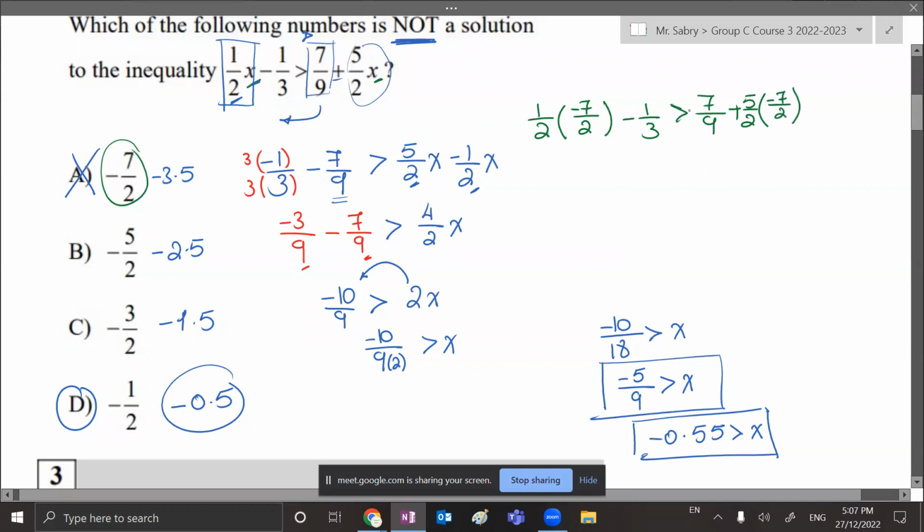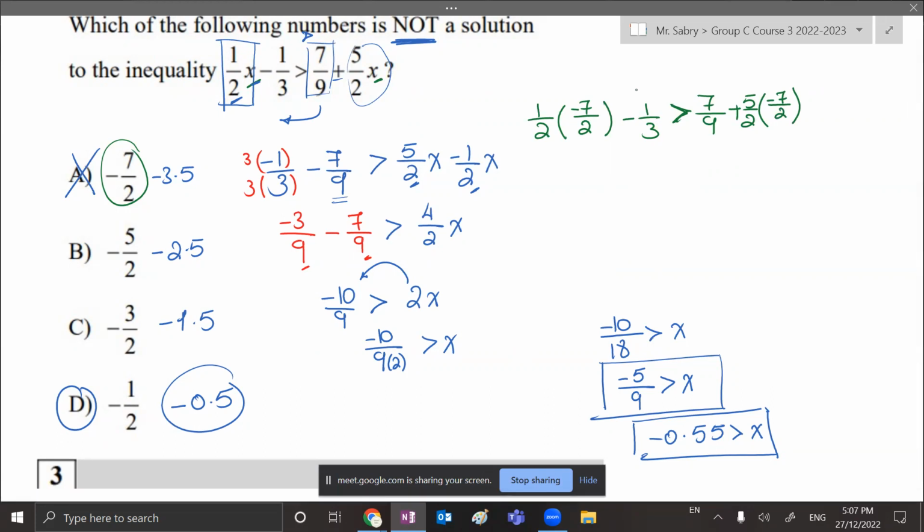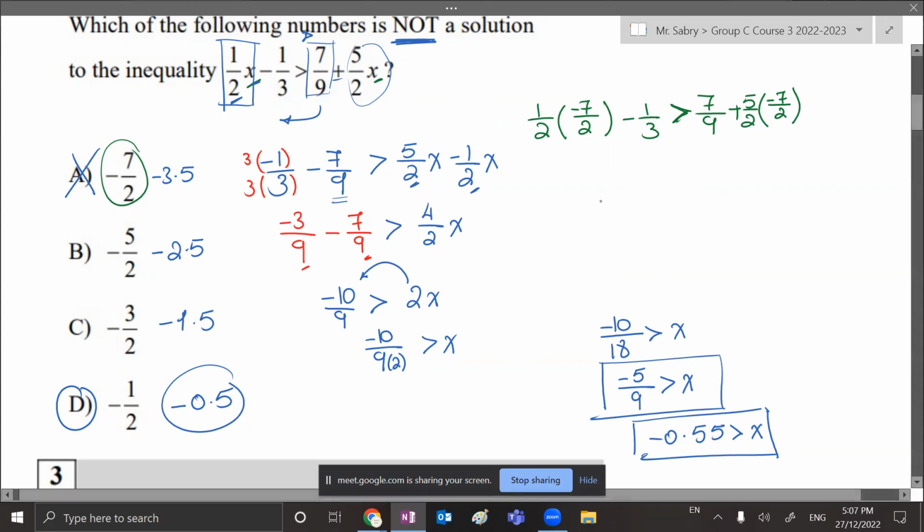Now, when you calculate this, you're trying to find whether the inequality will be true or not. So on your calculator, just put the half again multiplied by -7 over 2 minus 1 over 3. That's -2.08.